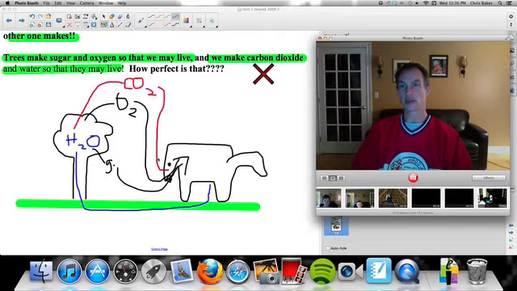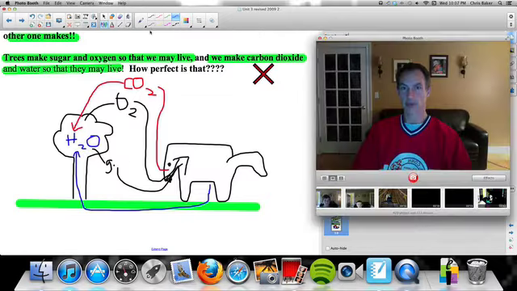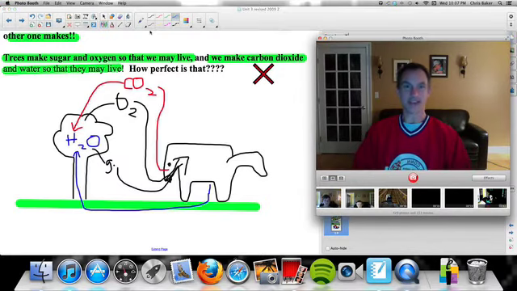We, in turn, make the carbon dioxide that goes into the tree. I forgot to make it go into the tree, this little arrow. And also the water that goes into the tree as well. Okay. I have no idea if that actually helped anyone at all.